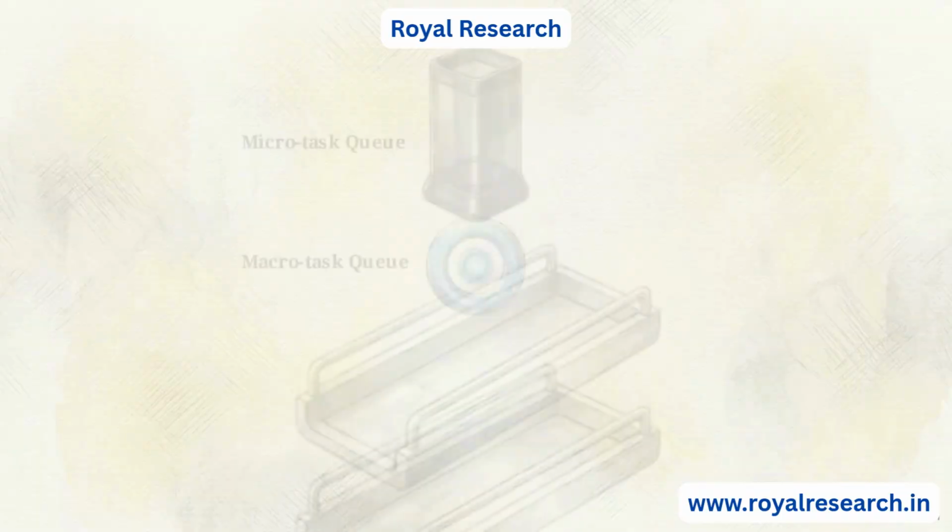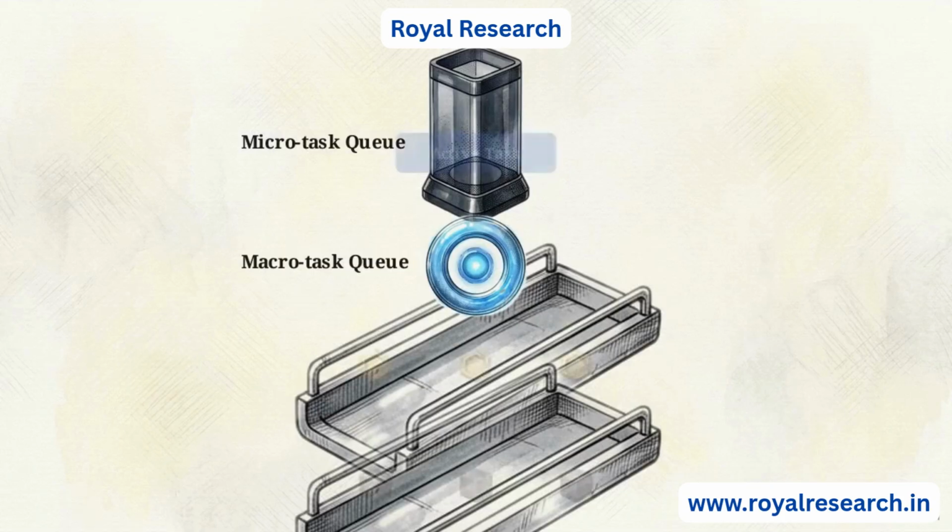To connect these waiting queues back to the active call stack, JavaScript uses its final arbitration mechanism, the event loop. The event loop monitors the system and activates only when the call stack is completely empty. Once the stack clears, the loop routes the microtasks. It pushes these high-priority blocks onto the stack one by one until the microtask queue is empty.